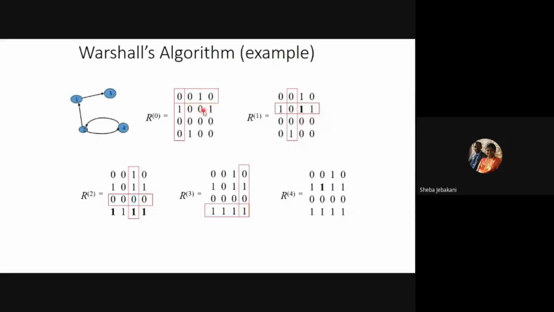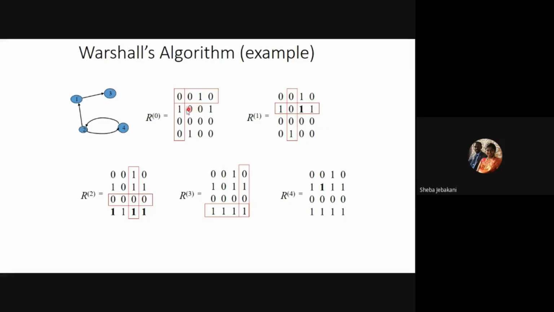So I need to make this particular position 1, that is the intersection between the row where you have 1 and the column where you have 1. That particular place you need to make 1. You understood how this works?